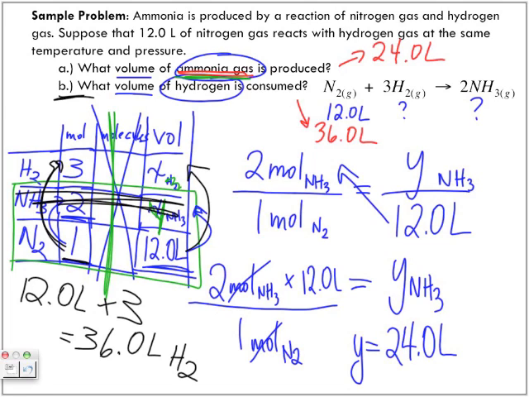The hydrogen is 3 times the amount. So whatever the volume is of the nitrogen, multiplied by 3, and in fact we're going to have 36.0 liters of hydrogen. Okay, so nice and simple.